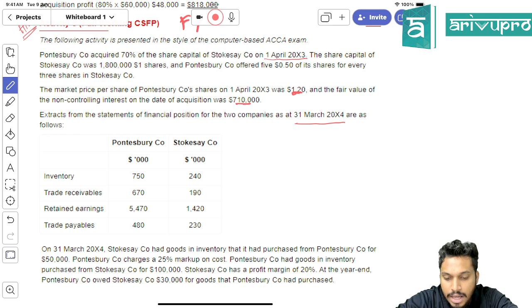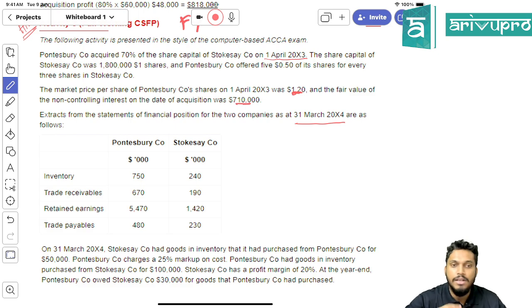So, P company had goods in inventory purchased from S company for 100,000, which is a margin of 20%. At the year end, P company still had 30,000 of goods that Ponsbury had purchased. So there are 2 transactions where parent is selling to the subsidiary and subsidiary is selling to the parent.